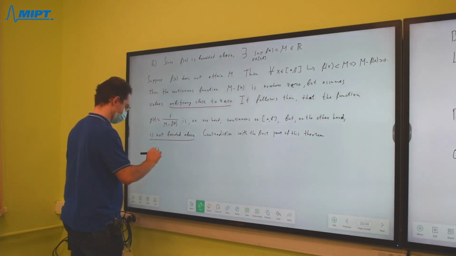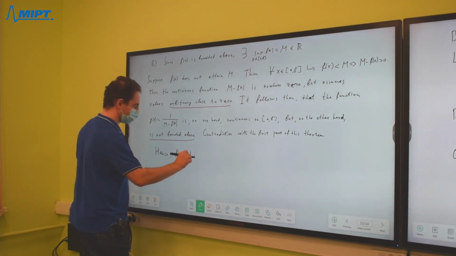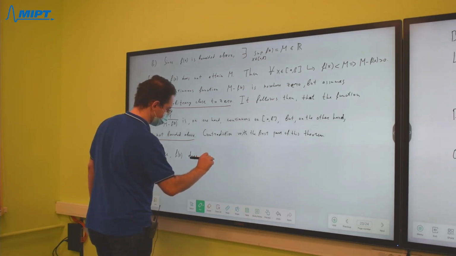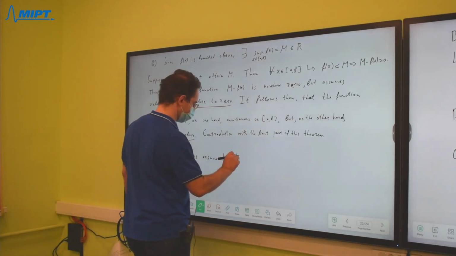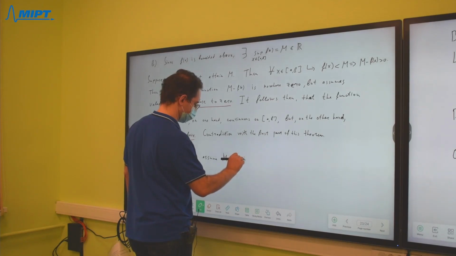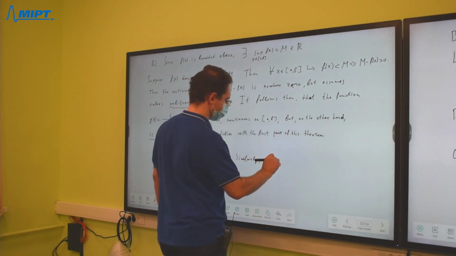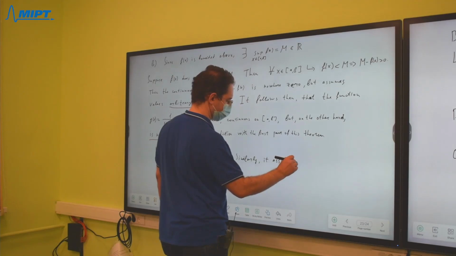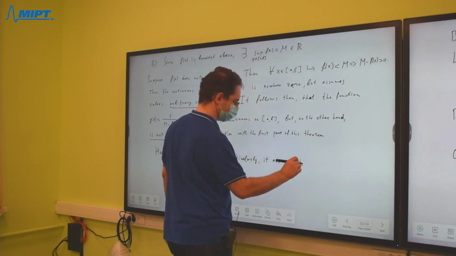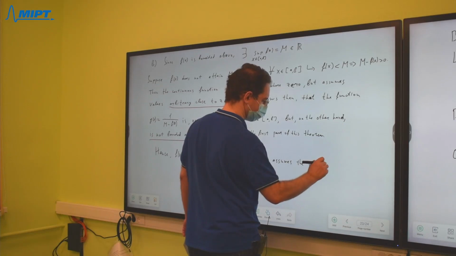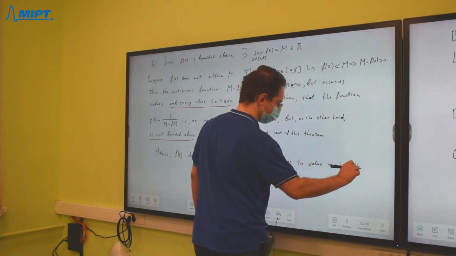Hence, my function f does assume value capital M. Similarly, it assumes the value small m, that is the infimum of my function on this interval.